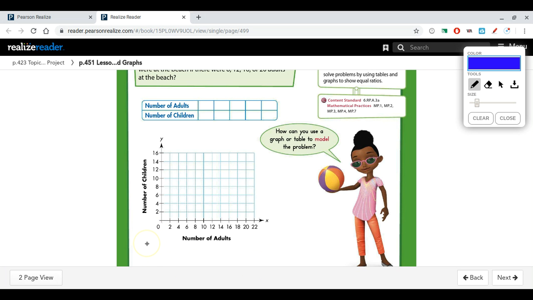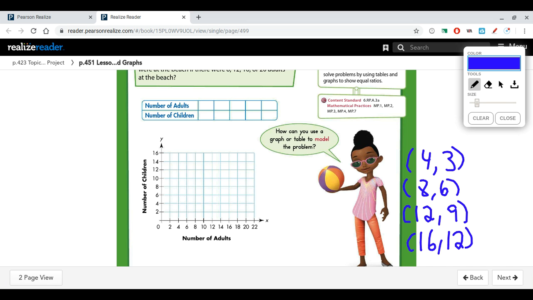My first coordinate is going to be that first ratio pair, which was 4, 3. The second coordinate is going to be the second ratio pair, 8, 6. The next ratio pair is 12, 9. And my last 2 ratio pairs are 16, 12 and 20, 15.